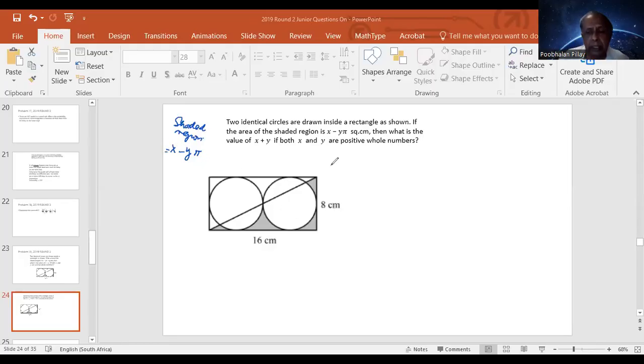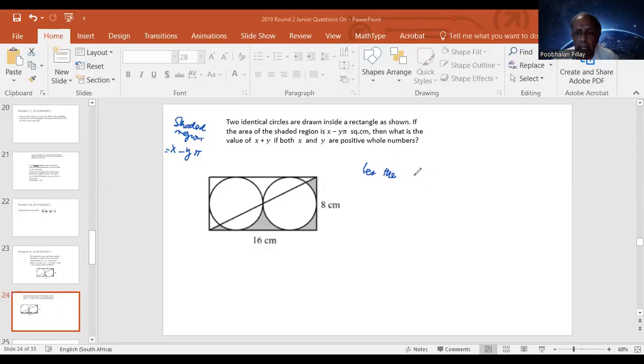All right, so let's calculate the area of the shaded region. We don't know what the shaded region is, so let's give a name to the shaded area.